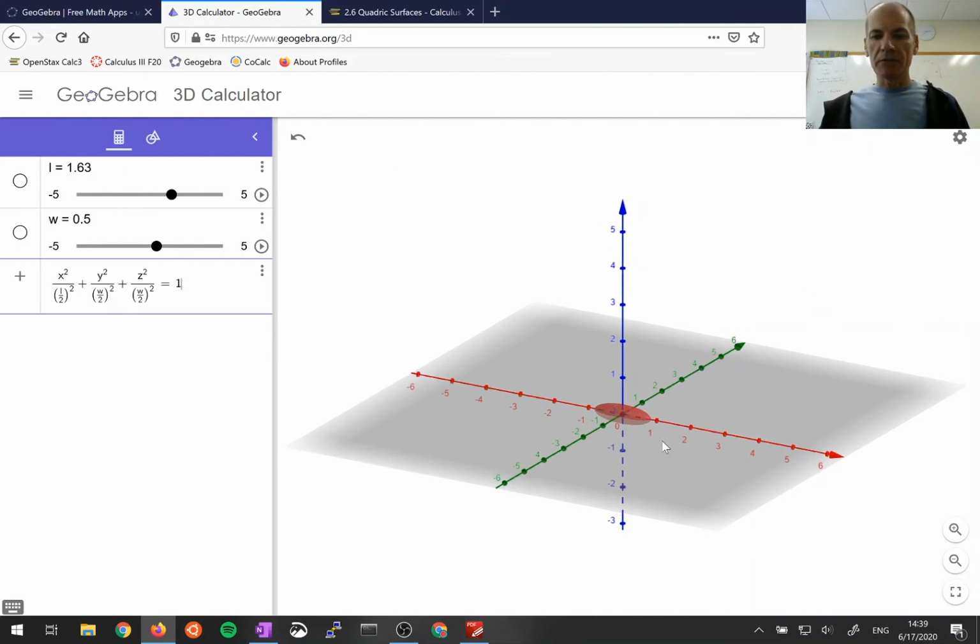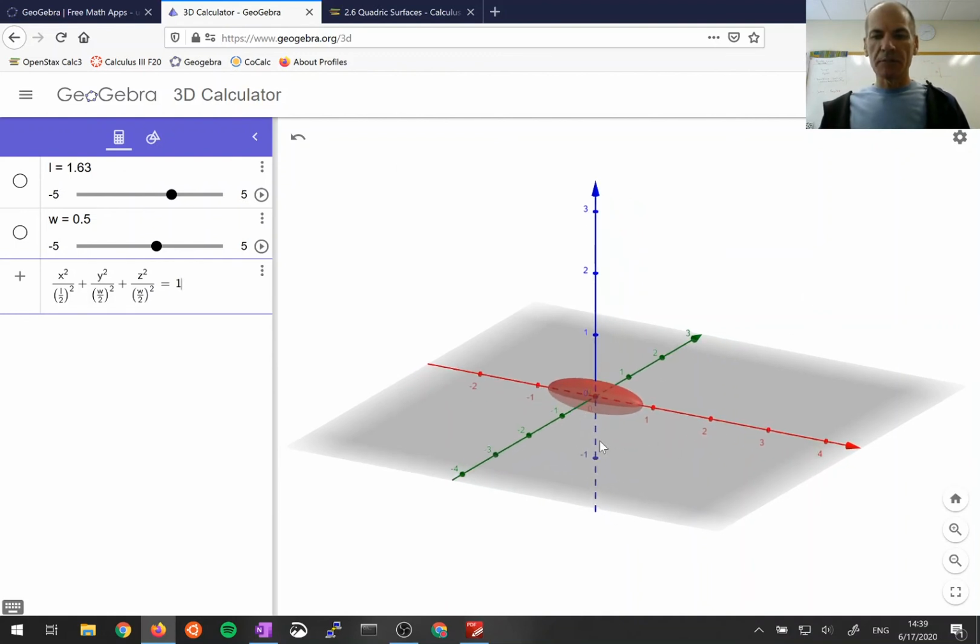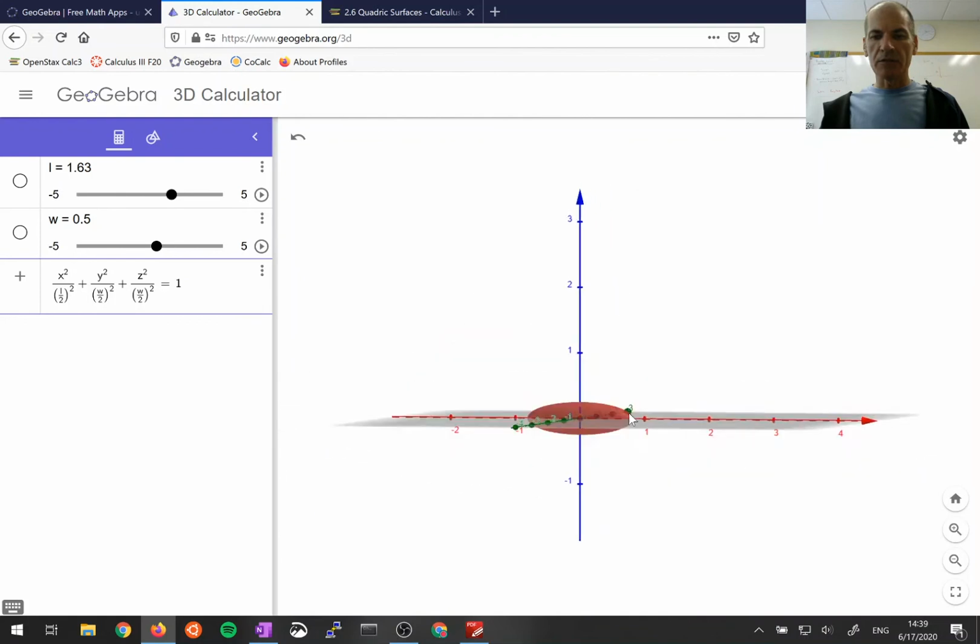And there you have it. We can zoom in and we get something that looks quite a lot like one of these rattlesnake eggs.